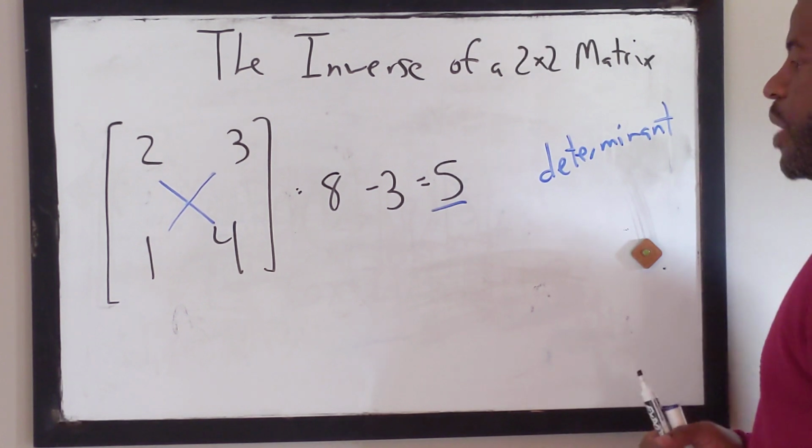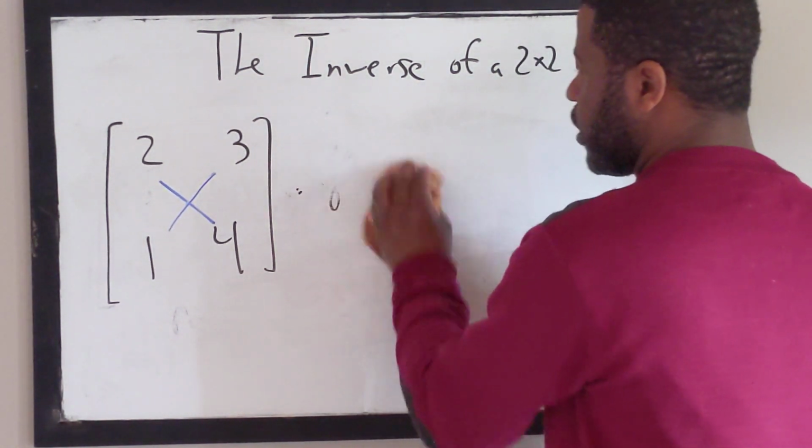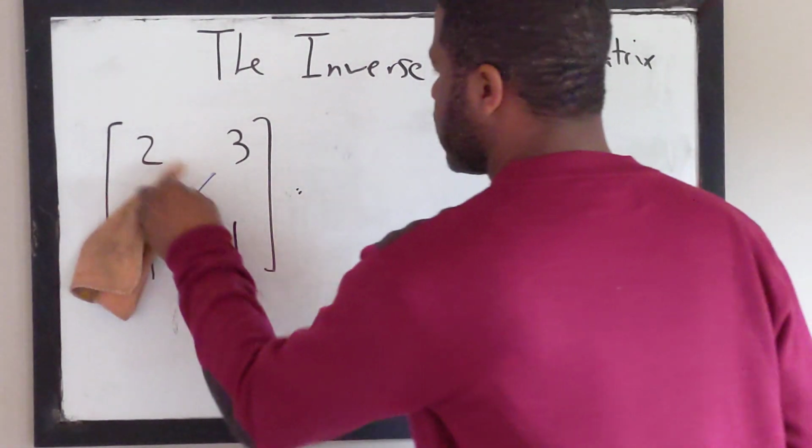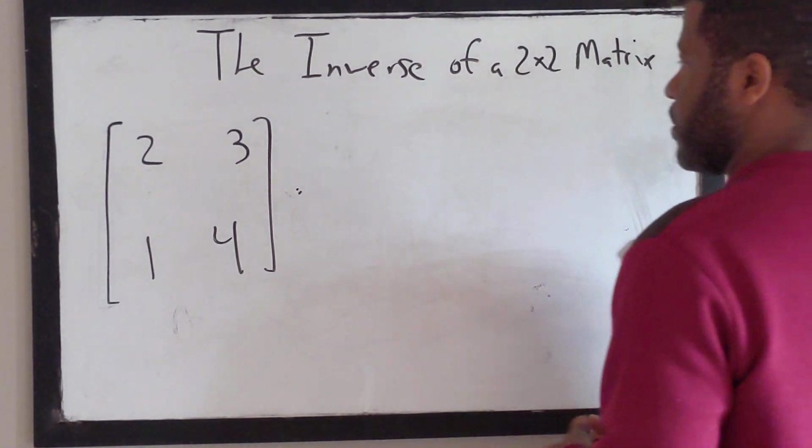All right. So now, this is what we have to do. You have that 5 down on your notes. So now, this is what we need to do. And this is how we find the determinant.